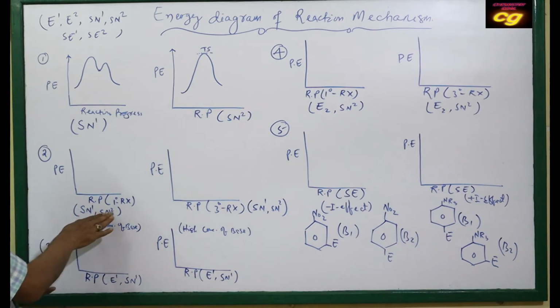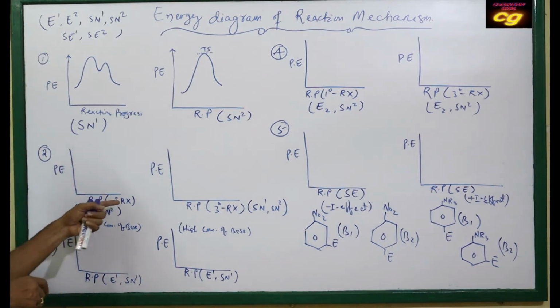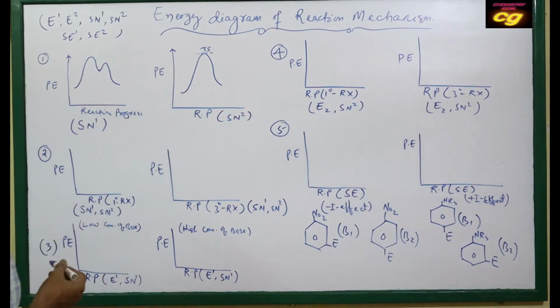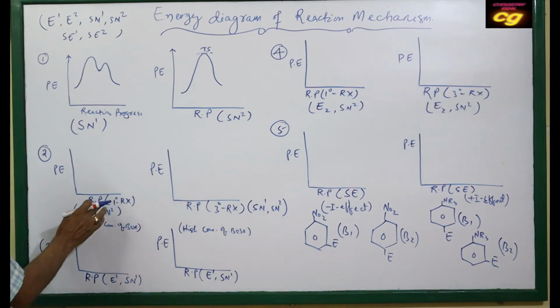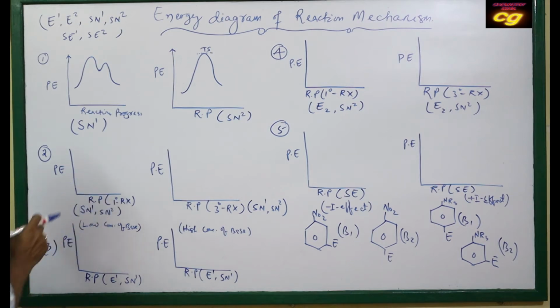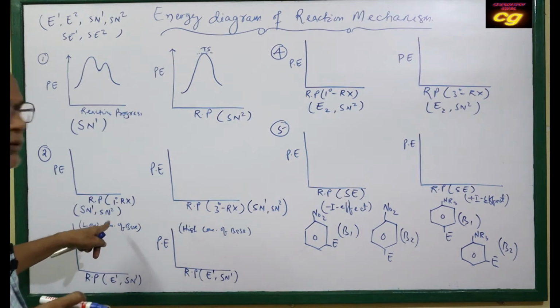So for SN1, SN2 reactions of primary haloalkane, if you see both diagrams, as it is primary haloalkane, SN2 is preferred. Already we know.